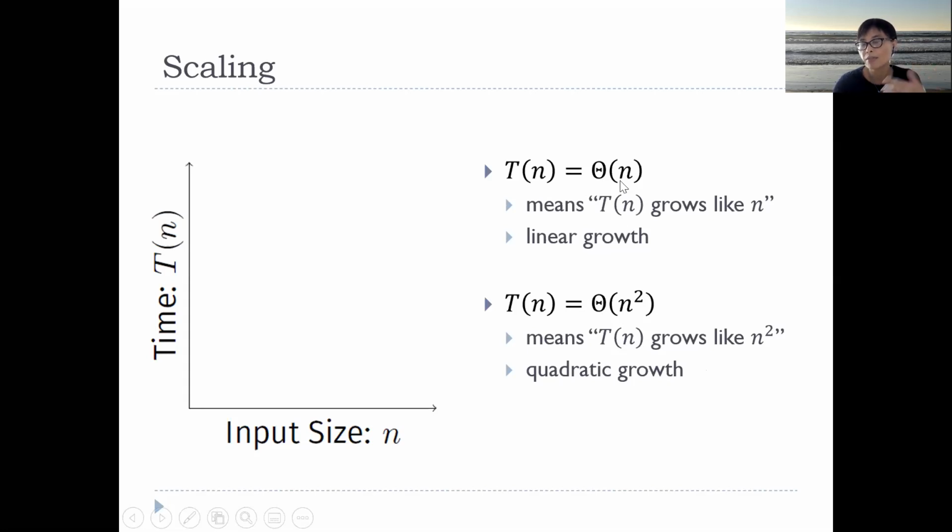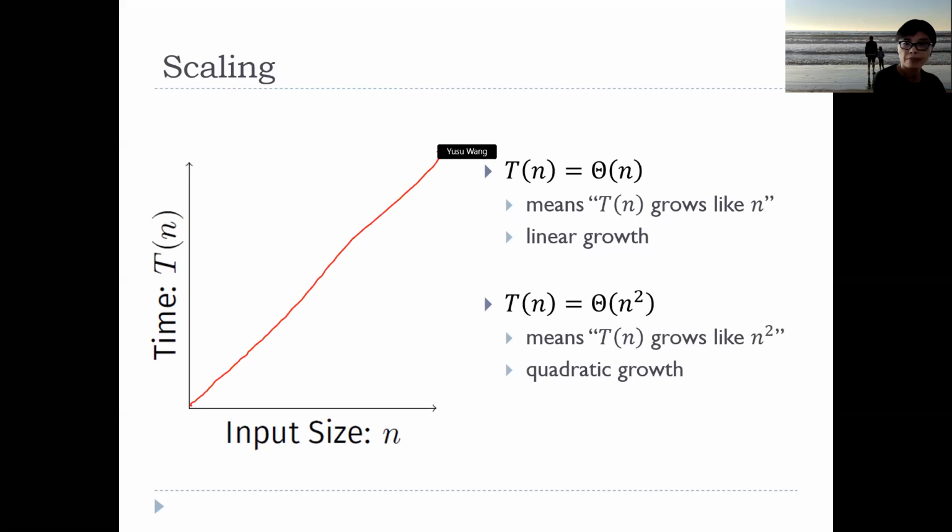And then naturally, if I give you a linear time algorithm and a quadratic time algorithm, you recognize that the linear time algorithm is potentially much more efficient, because as the input size n grows, the linear algorithm grows like this. Okay, that's the function f of n equal to n.